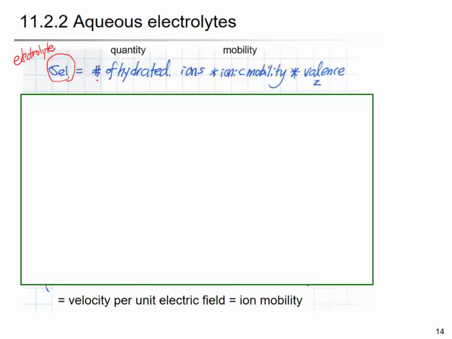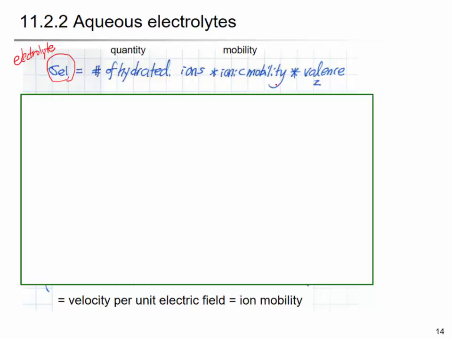So if you have more hydrated ions, then the conductivity will increase. That's going to be proportional to the ion concentration. And if the ion can move fast, then you have higher conductivity. And also if your ion has a higher valence, like calcium has 2+ and sodium has 1+.